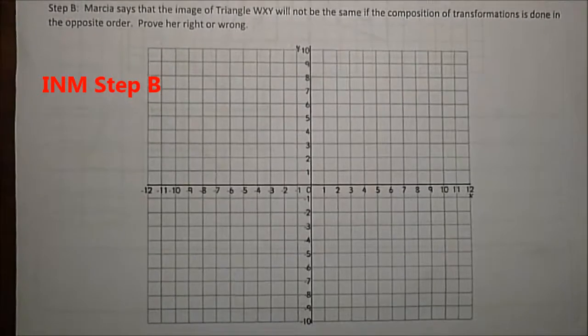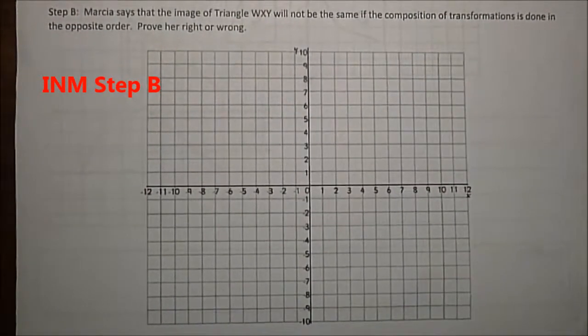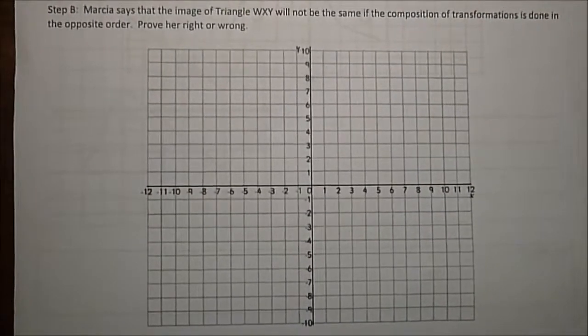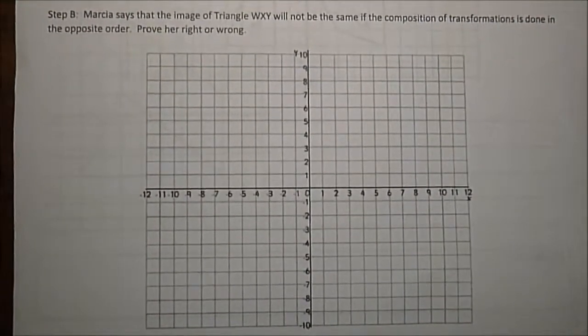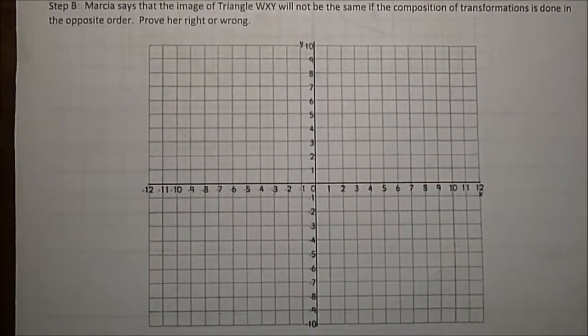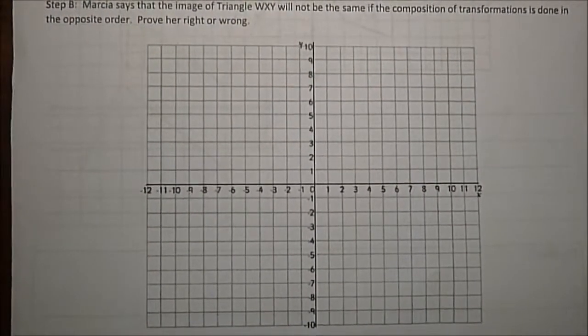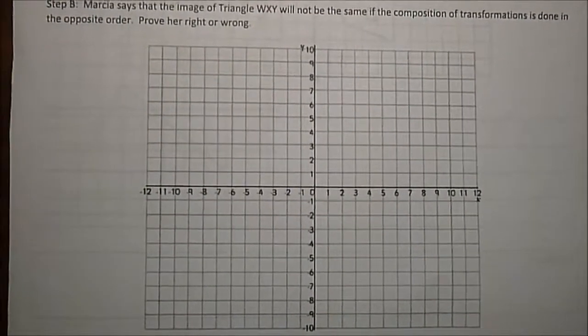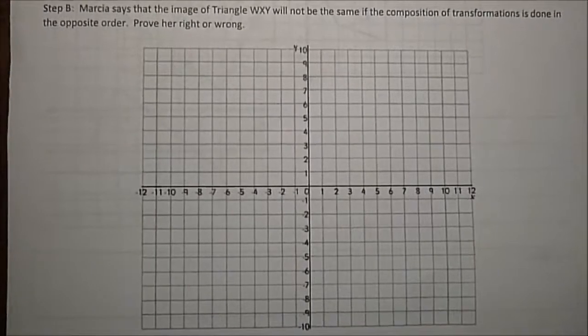Step B asks you to figure out whether the image of triangle WXY will be the same if the composition of transformations is done in the opposite order. So meaning rather than reflecting and then translating like we did in part 1, we are now going to translate and then reflect.